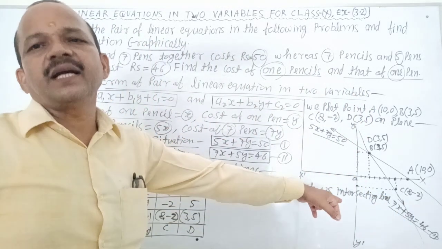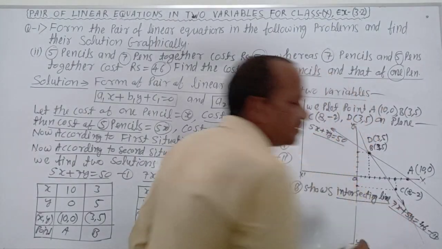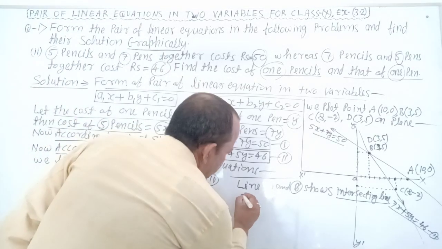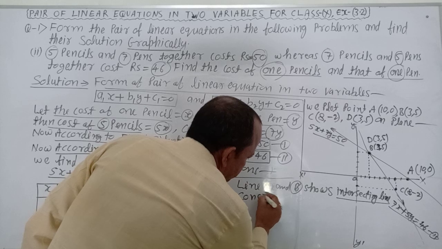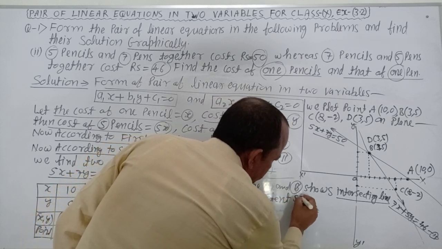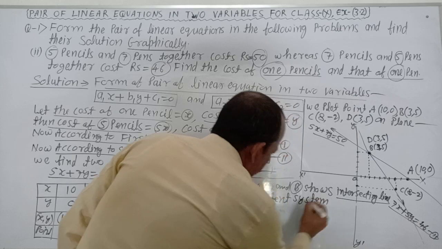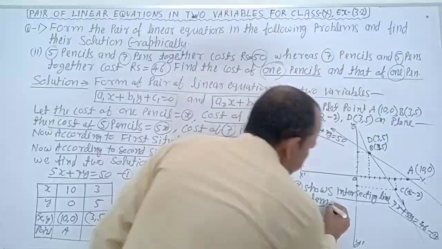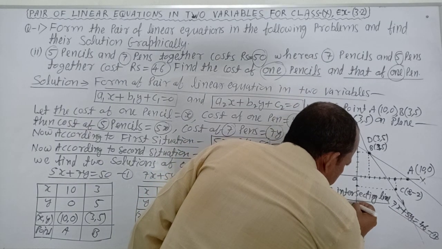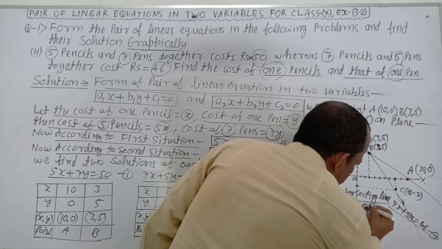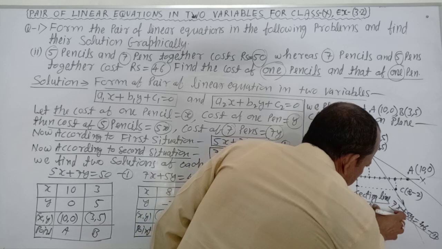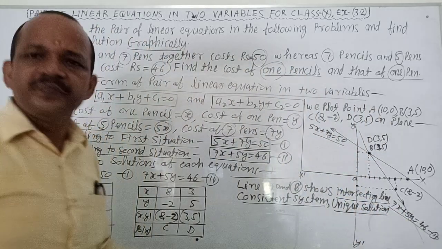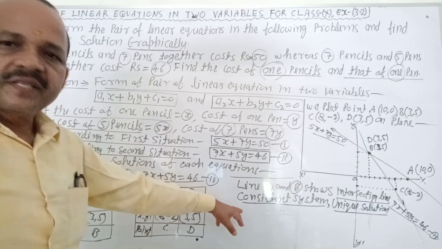It shows intersecting lines. Clear? Intersecting lines, and a consistent system. Consistent system, unique solution.